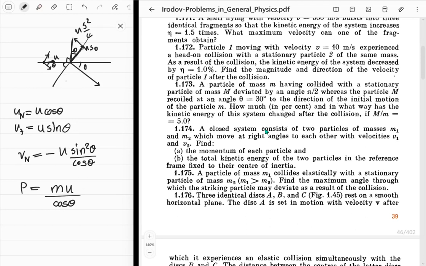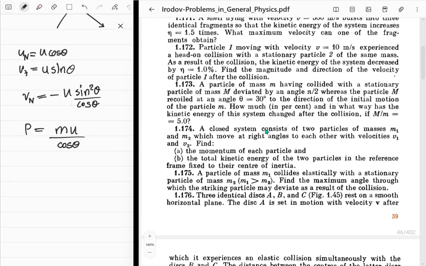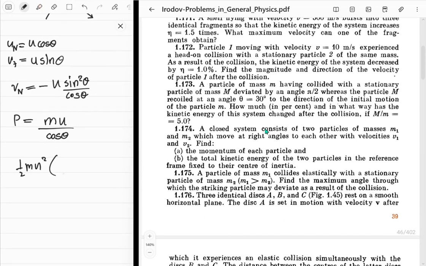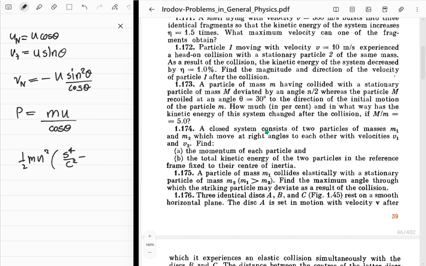Sorry. Yeah, the kinetic energy change calculation, which is just this normal kinetic energy, right? Change in that: this guy squared minus this guy squared. That would be half mu squared, and this quantity squared is going to be sine power 4 upon cosine squared. And that minus this guy, which was cosine squared.